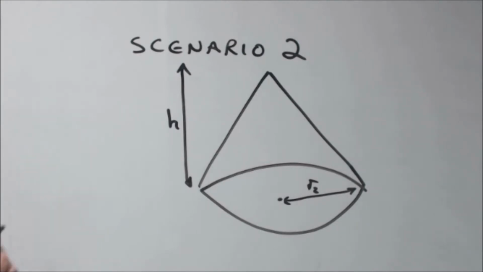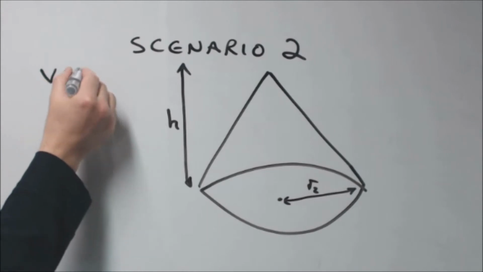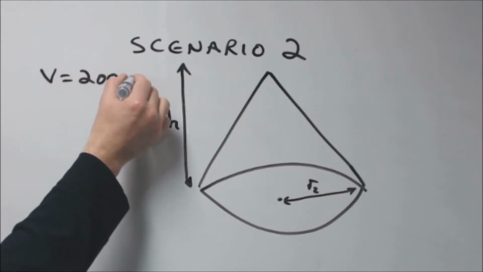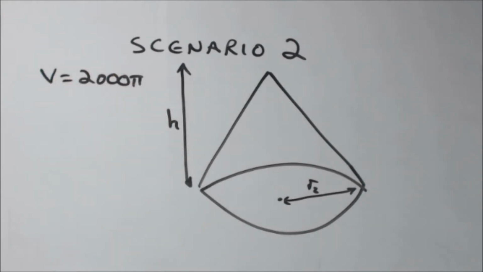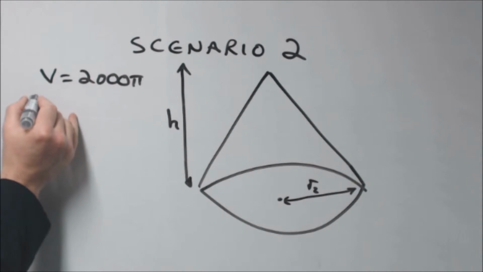Again, we just carefully write down the formula to make sure we don't make any silly mistakes. The original volume was of course 2000 pi, and we're going to use the formula pi r squared h over 3.